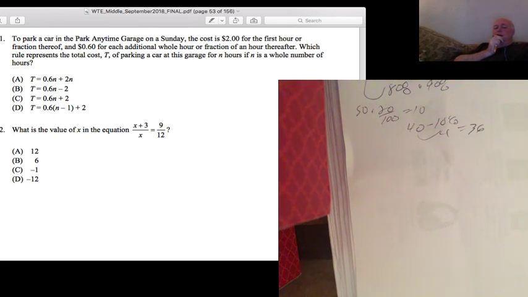So what D is saying is the 2 in D accommodates the first hour. And then since n is the number of hours, we need to take 1 away. So it's 60 cents for each hour after the first hour, right? Because it says 60 cents for each additional whole hour. Additional. If that word additional wasn't there, then it would be C. But in this case, it means the very first hour is $2, so they can give you a higher price. And then if you stay after an hour, it's only 60 cents an hour thereof.